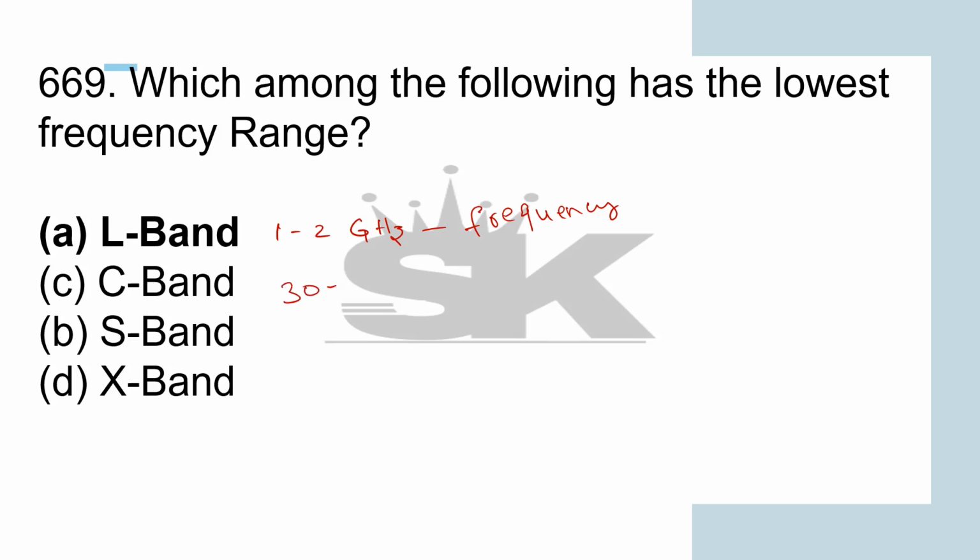The L band is one of the chief operating ranges used by various applications such as radars, global positioning system, that is GPS, radio, telecommunications, and aircraft surveillance.